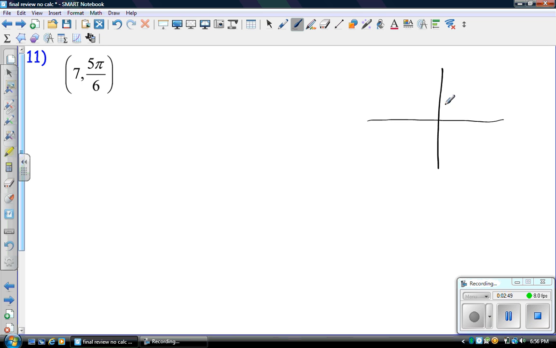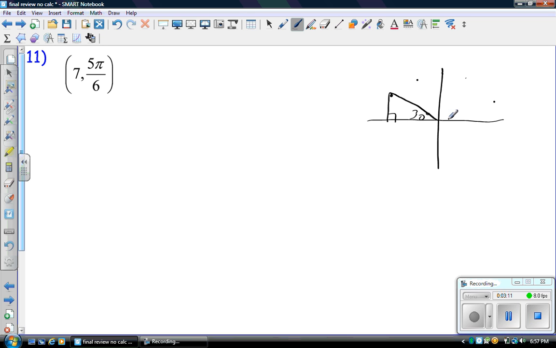So 5 pi over 6: 1 sixth, 2 sixths, 3, 4, 5 pi over 6. Build myself a right triangle. 5 pi over 6 means there's only 1/6 left, which means this is a 30-degree reference.